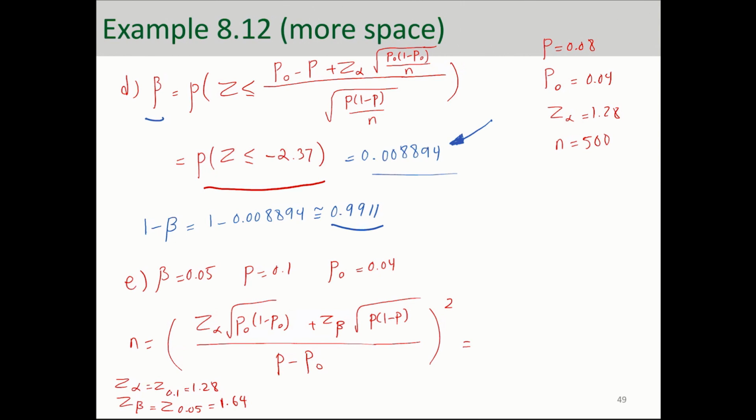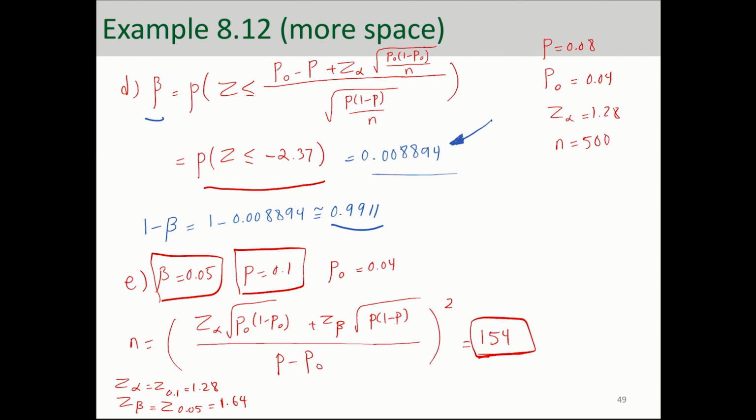And replacing all those parameters in the formula and doing the math with the P and P naught and Z values, you will get to 154. And that is the required sample size to satisfy beta level of 5% when the population proportion of defective is 10%.